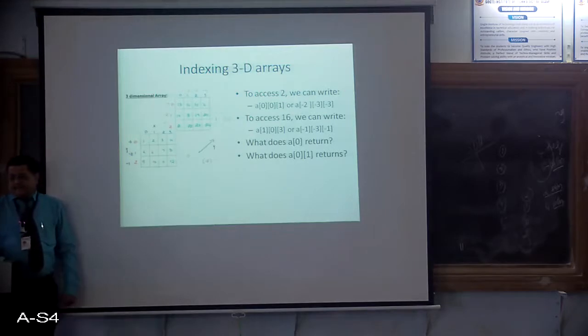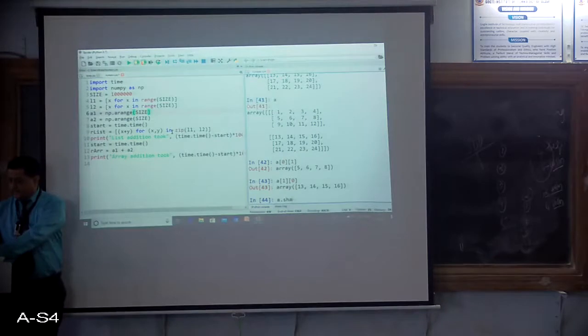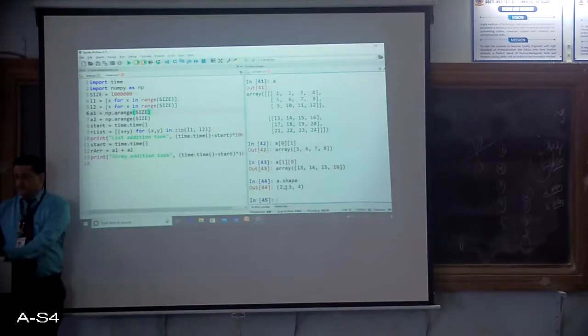It is easier for us to understand how we index a three-dimensional array if you work on the indexing. Outermost index is 0, 1 in this case, inner index is 0, 1, 2, and innermost index is 0, 1, 2, 3, because if you look at the shape, it is 2, 3, 4.